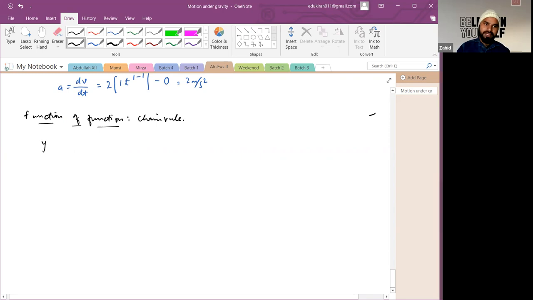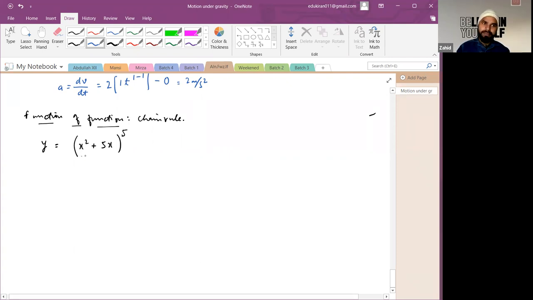First of all, how do you judge any function to be a composition of different functions? Let's say you have y equals (x squared plus 5x) whole raised to 5. In this part, we have two different functions, and we can't separate them individually.